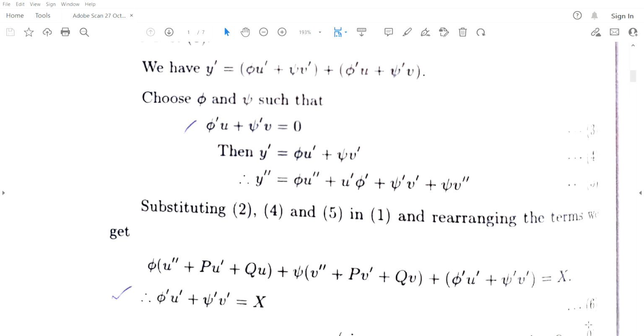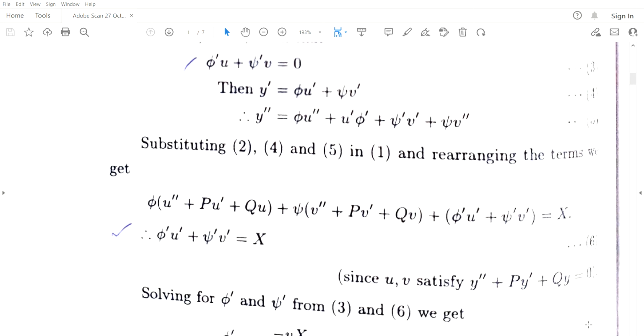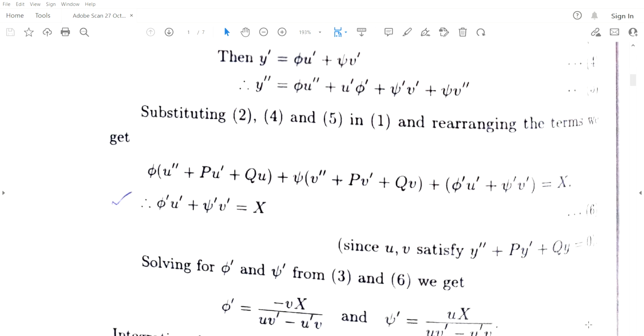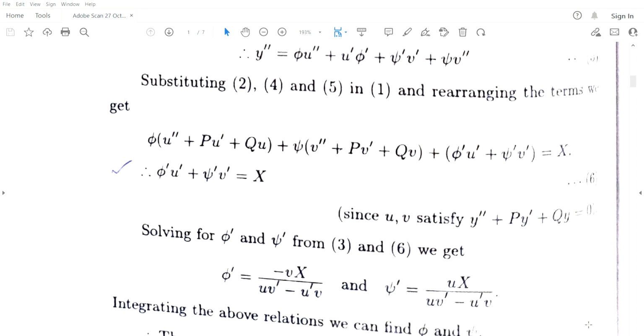Now substituting the values of y, y dash and y double dash in equation 1, and rearranging the terms such that the coefficient of phi is u double dash plus p u dash plus q u, and the coefficient of psi is v double dash plus p v dash plus q v. Now since u and v are solutions of the complementary function, these must be 0.